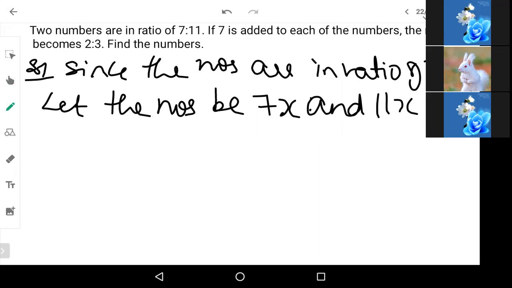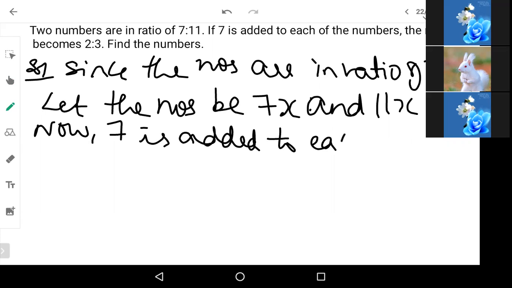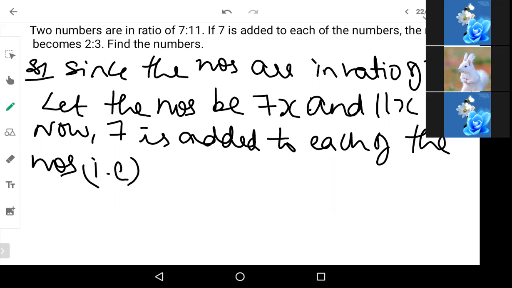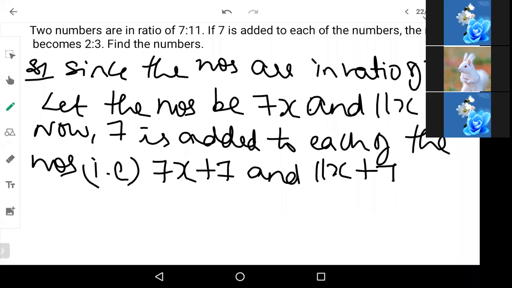Okay. So after this, 7 is added to each of the numbers. What is the first number? 7x is the first number, and for this we are adding 7. 11x is the second number, and again for this we are adding 7.